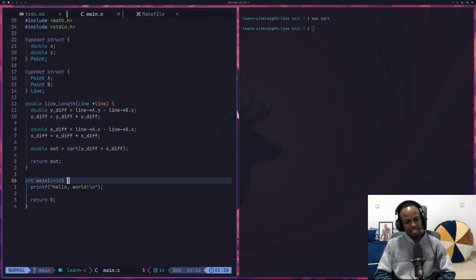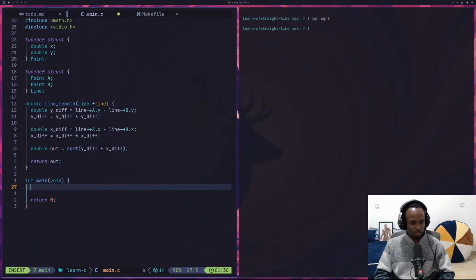let's try to create a line. So I'm going to call it line PQ, right? So line PQ will be equal to, it's obviously a struct, sorry, and this struct is made up of points.